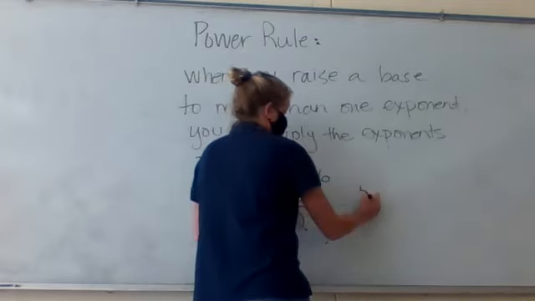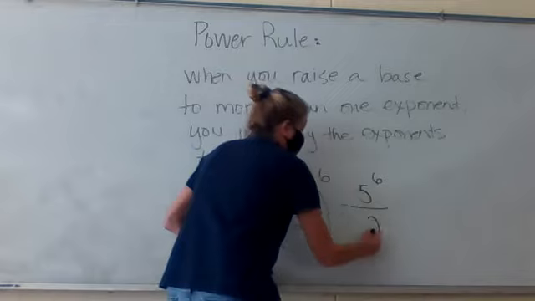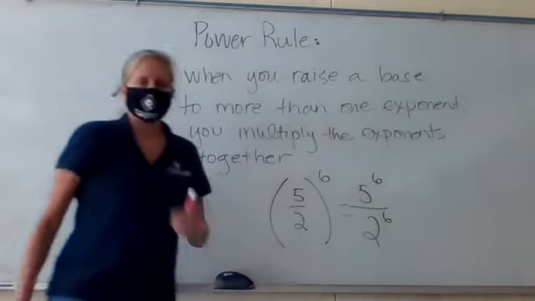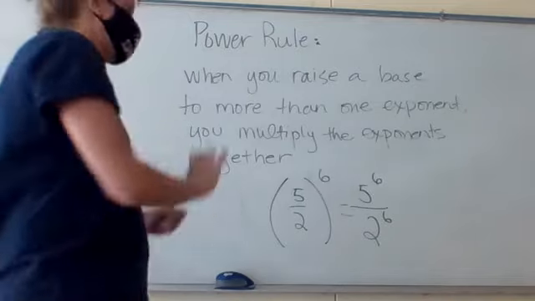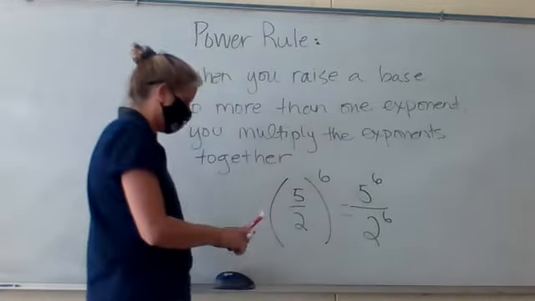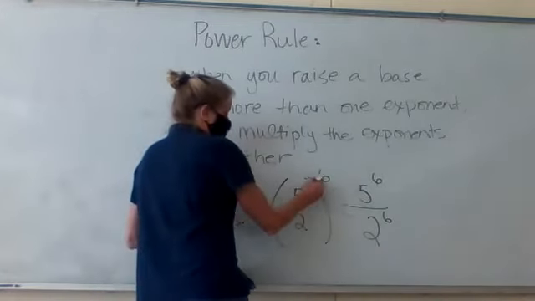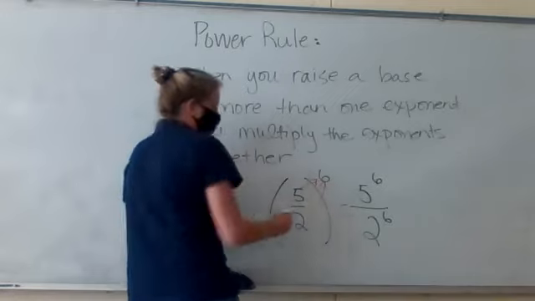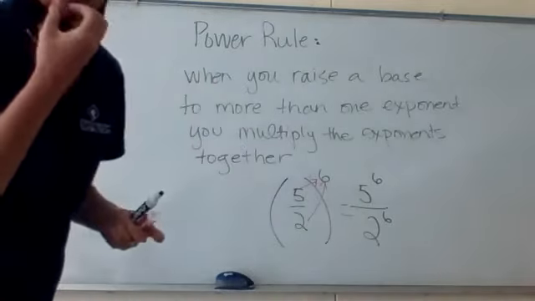The 5 is being raised to the 6th, and the 2 is also being raised to the 6th power. So that's as far as I want you to take it. It wants to see in this problem that you know if you have a fraction in parentheses, both parts of that fraction are going to have that exponent, the top and the bottom.